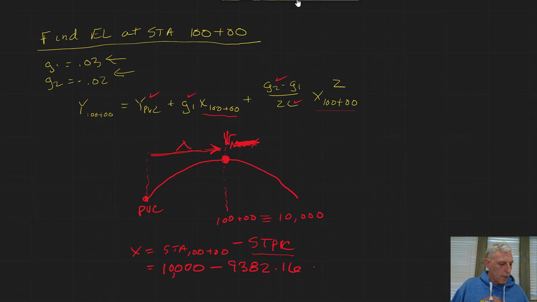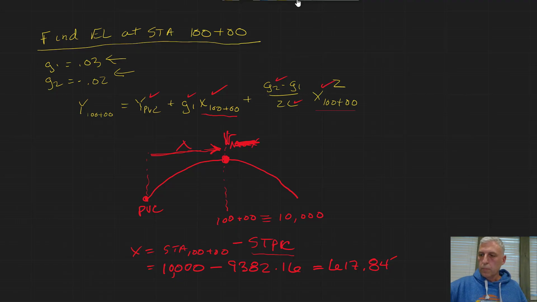And if we do that subtraction, we get an X value of 617.84 feet.